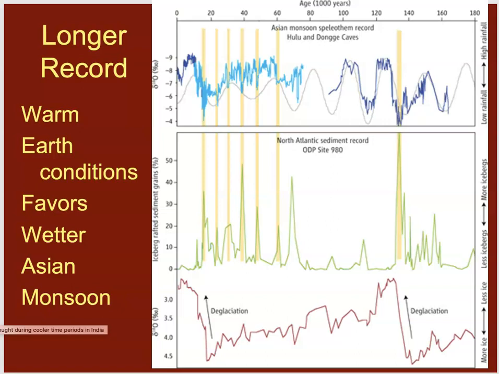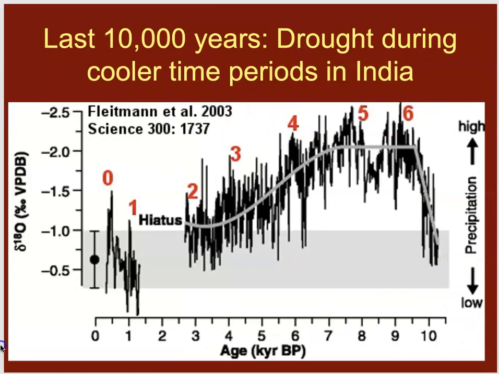And they know this from looking at sediment records in the oceans and isotope records in caves. It's a consistent signal. And here's the last of Dorn beating this drum to death. This is an old paper, some 20 years old, but it's another study using a different technique, showing that in the last 10,000 years of relative Earth warmth, you had droughts in India during cooler time periods.